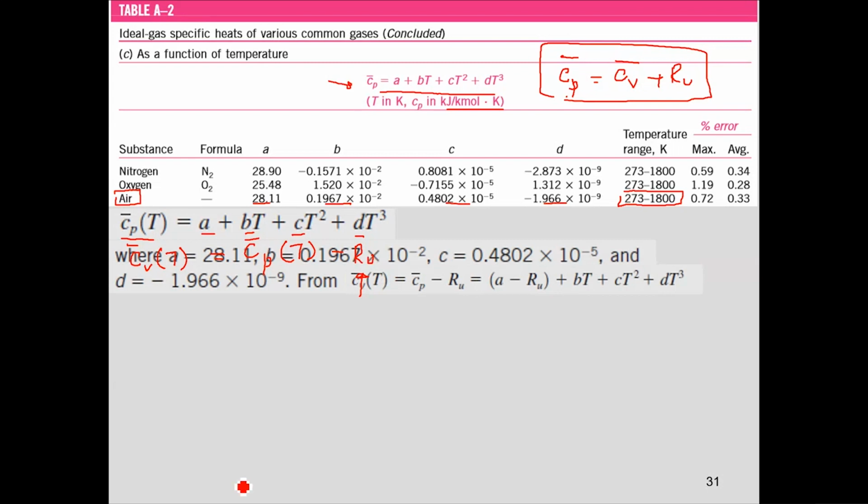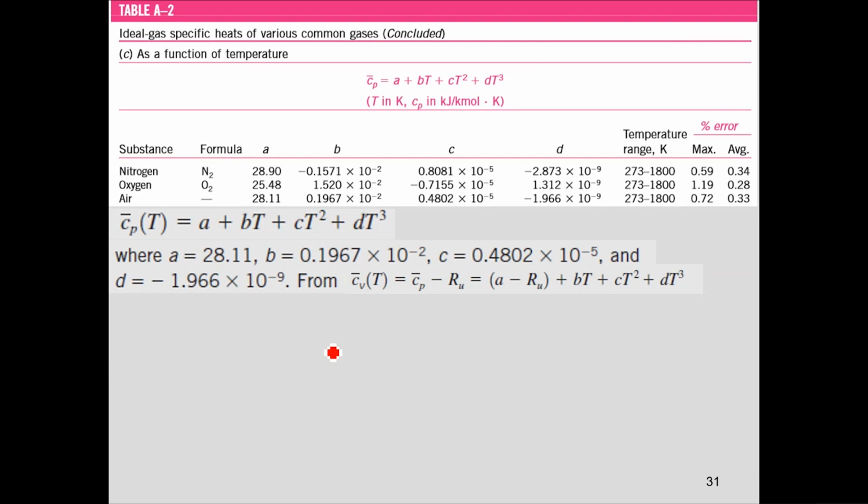So if I do Cp minus Ru, the constant for Cv, instead of A, will be A minus Ru. Is it clear to you? Yes, sir.